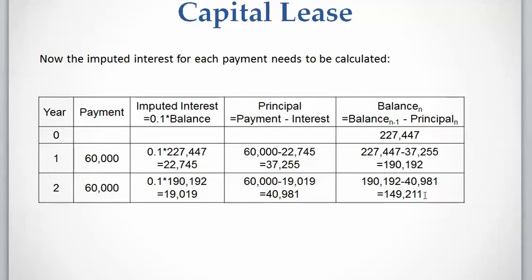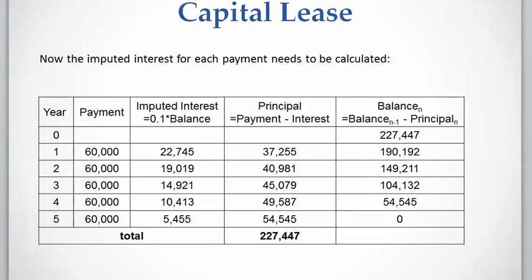We do this calculation for year 3, year 4, and year 5, and we have this table. Please note that if you calculate everything correctly, in year 5 you must have a balance of 0. If this is not 0, you should check your calculation, something is wrong.